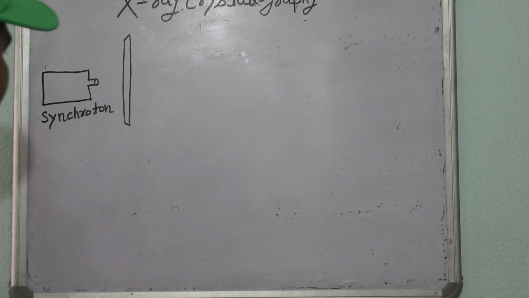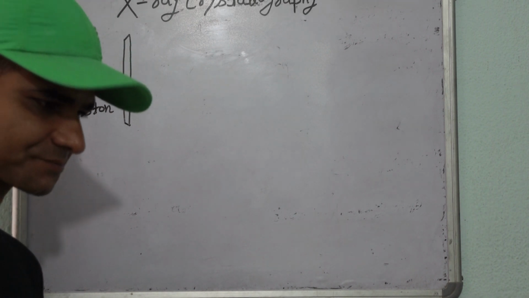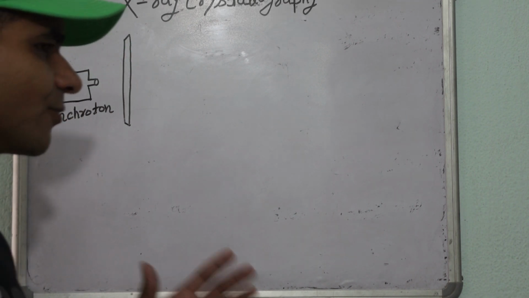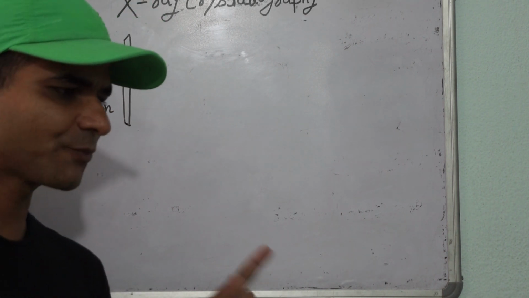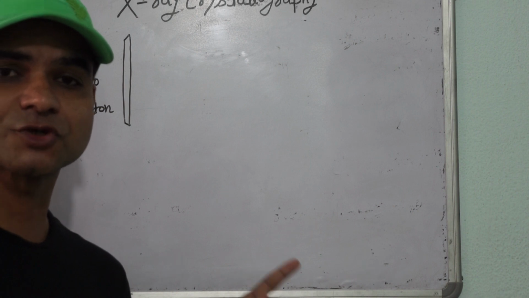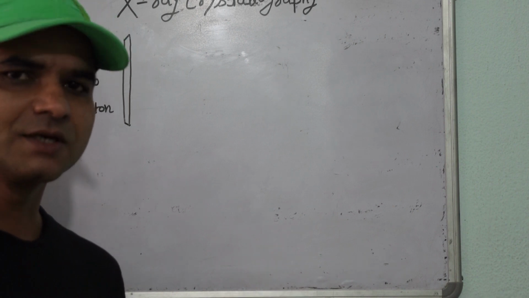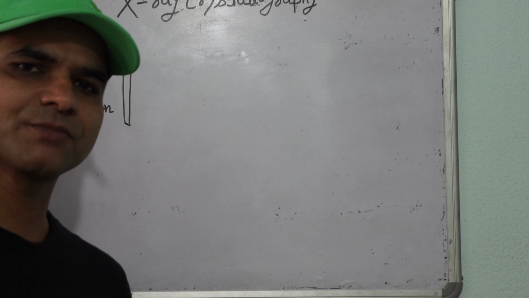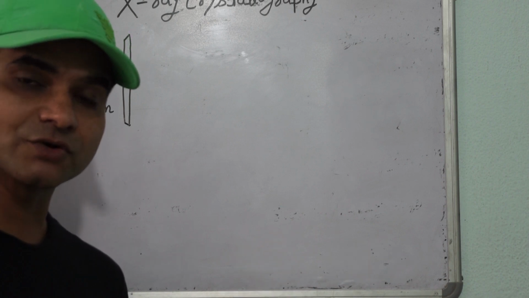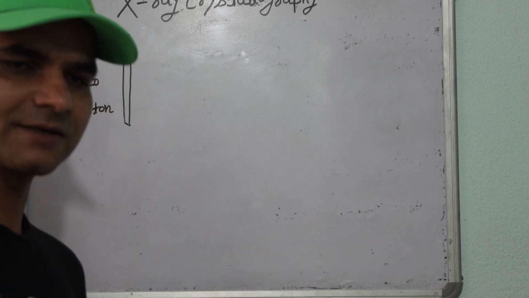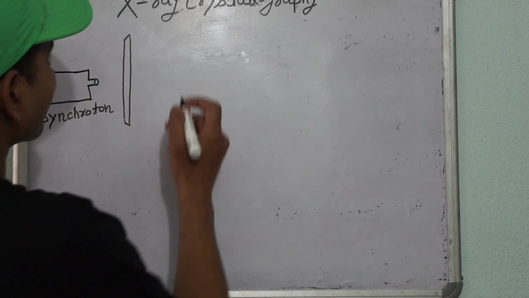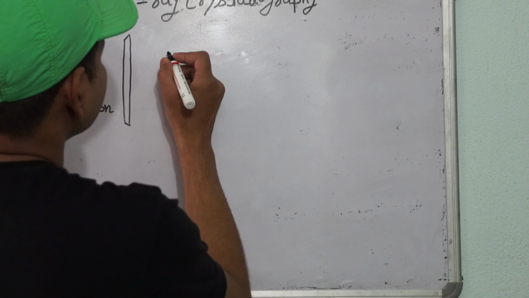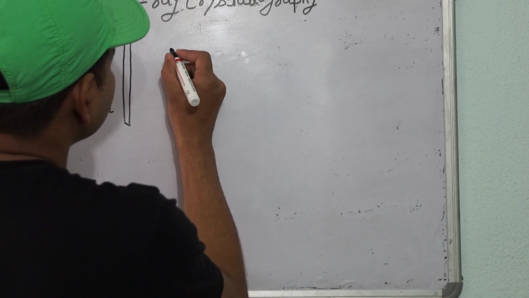Then we take the crystal. I told you that if you want to do X-ray crystallography, first of all you have to convert your sample into solid crystal form. So first convert your sample into a solid crystal form, and that crystal will be taken here. So I am taking the crystal form of our sample.